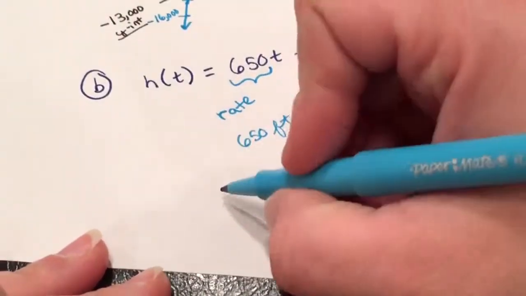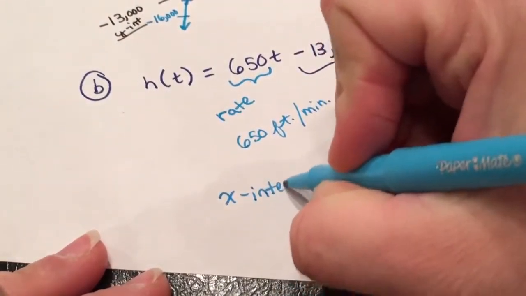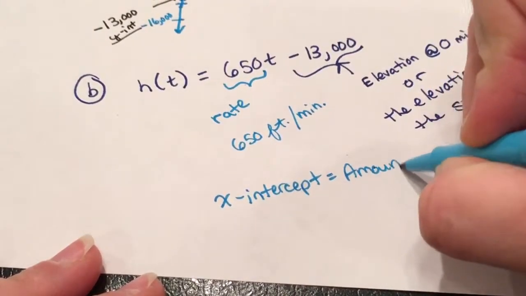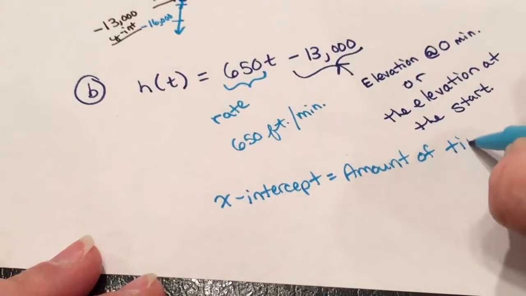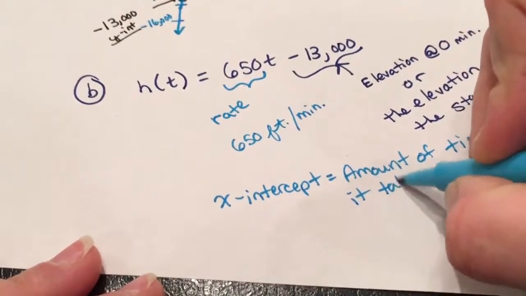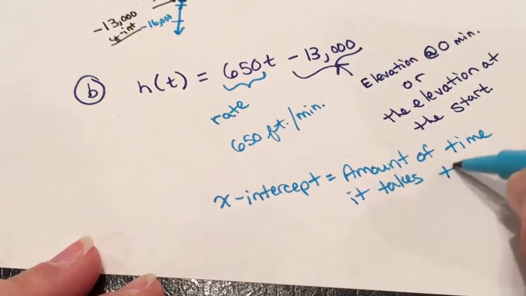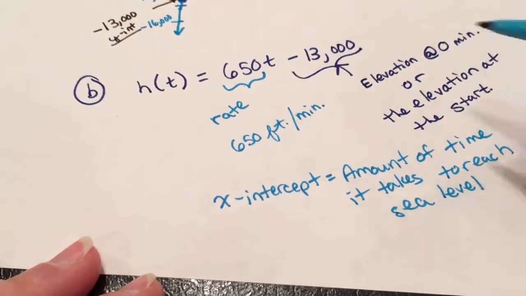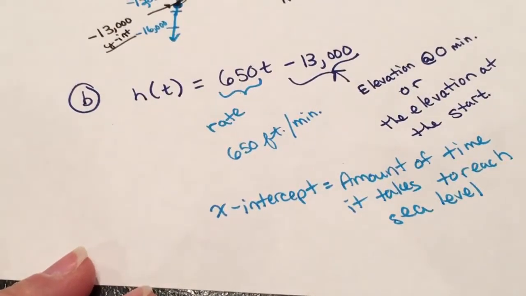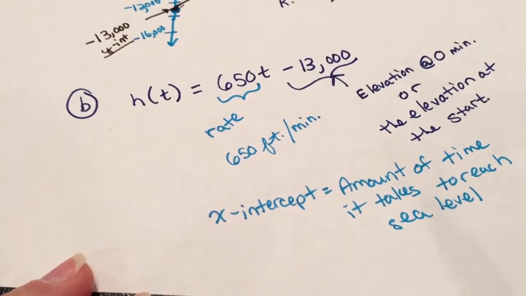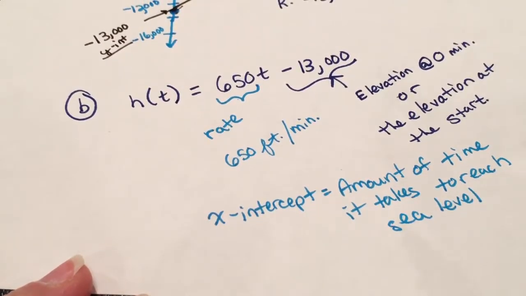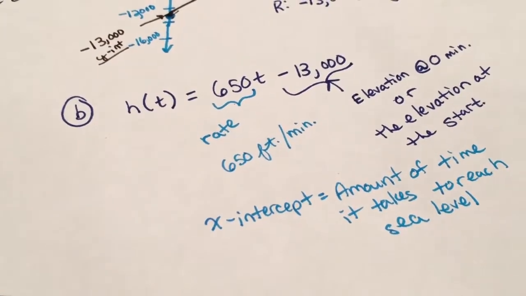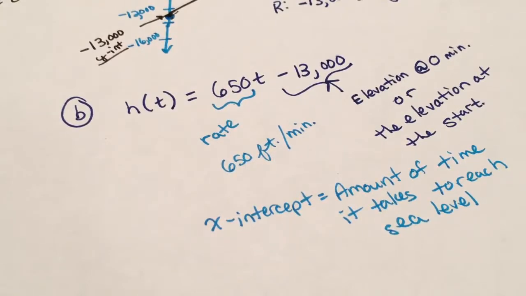So let's write that. The x-intercept is the amount of time it takes to reach sea level. The y-intercept represents the distance when the time was equal to 0. So that's basically how we can interpret these two things.